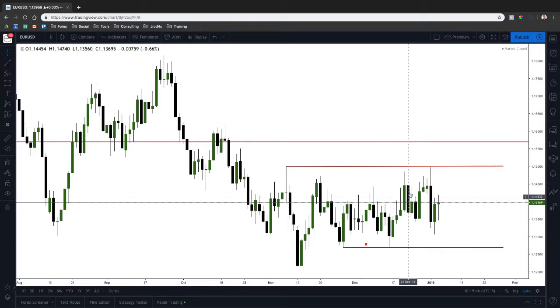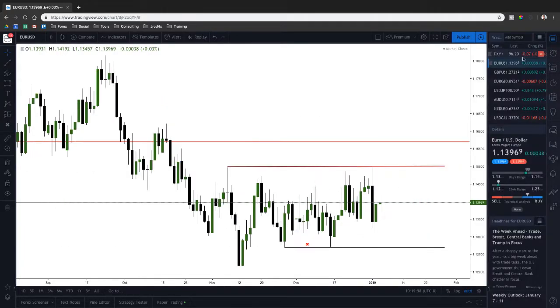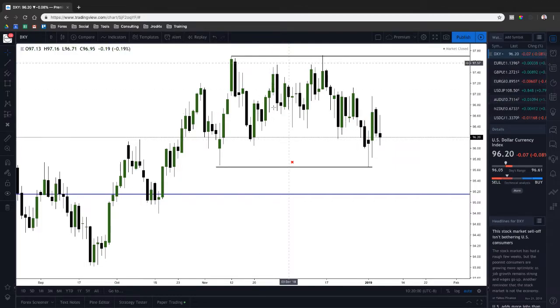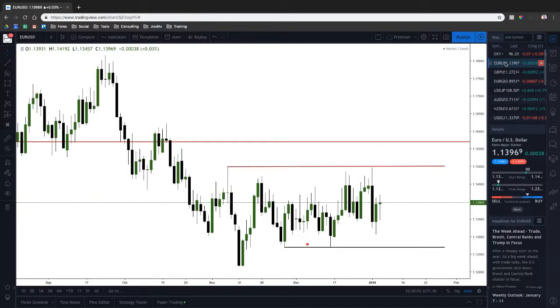So these are the only real levels that I'm going to keep on my charts for now. We're again stuck within this consolidation here between these equal lows and equal highs, just like how we have on dollar index, right? So take that into account if you are trading this week. That doesn't mean I'm not trading this week.